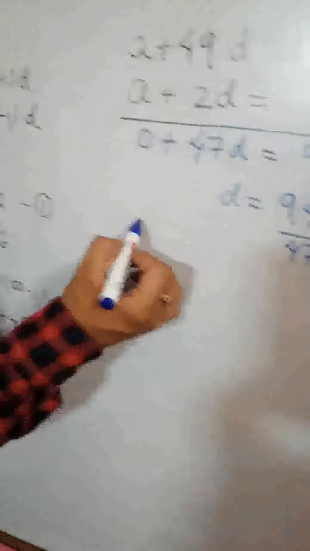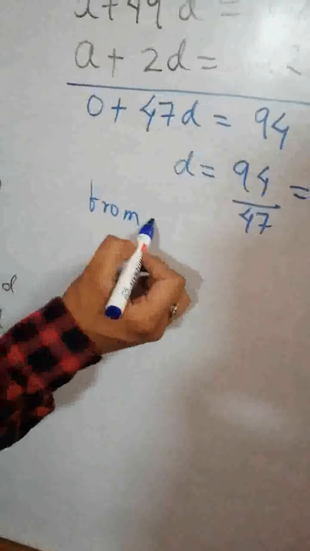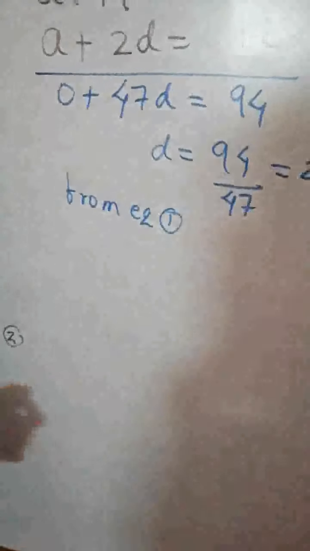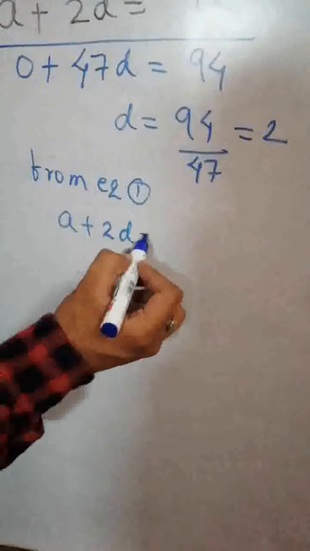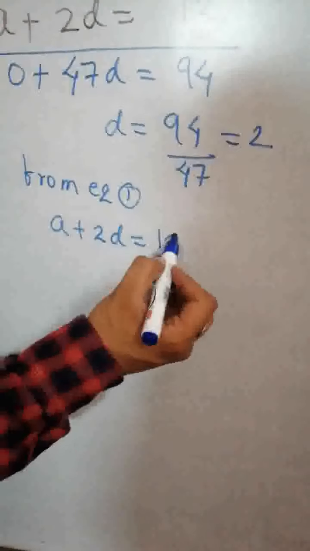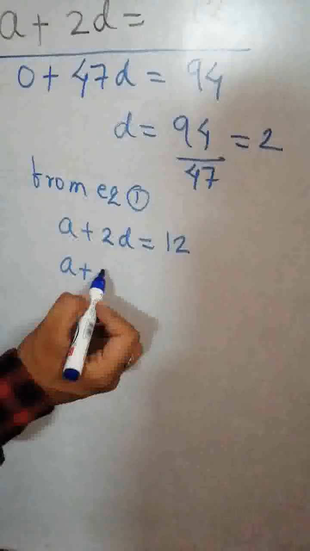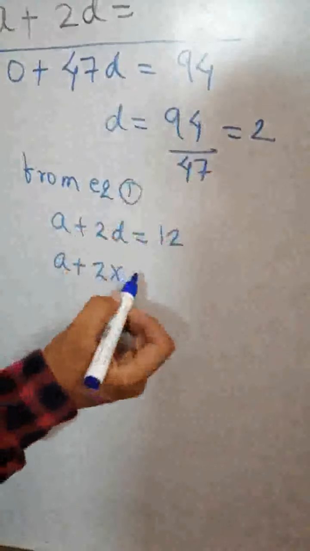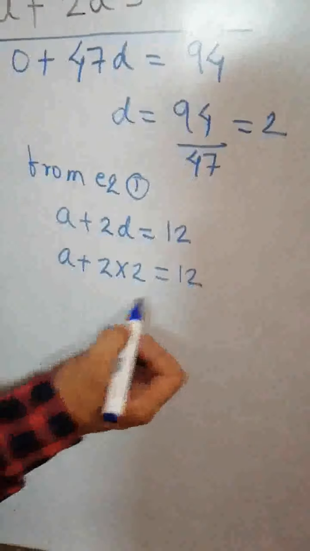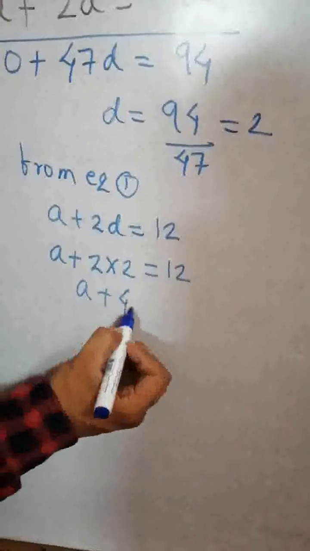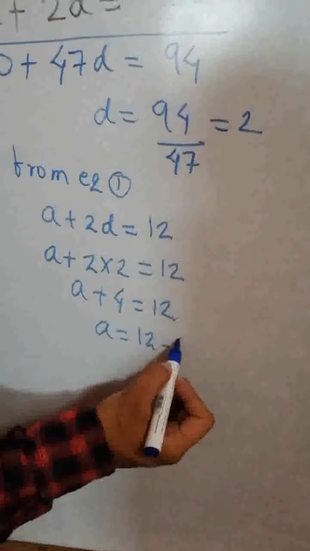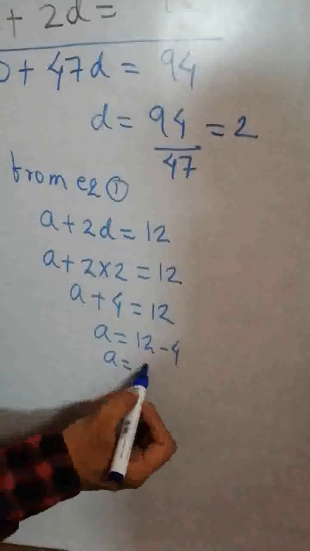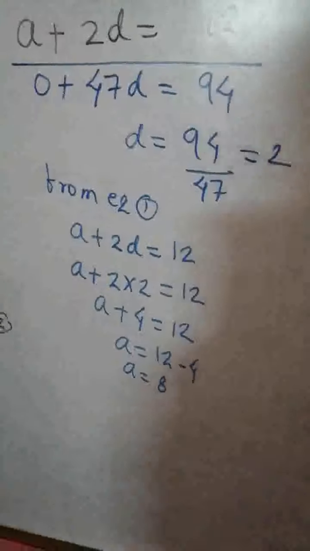Now we need to find the value of a. From equation first, a plus 2d equal to 12. The d value is 2, so a plus 2 multiplied by 2 equal to 12, a plus 4 equal to 12, a equal to 12 minus 4, a equal to 8. We got the a value and d value.